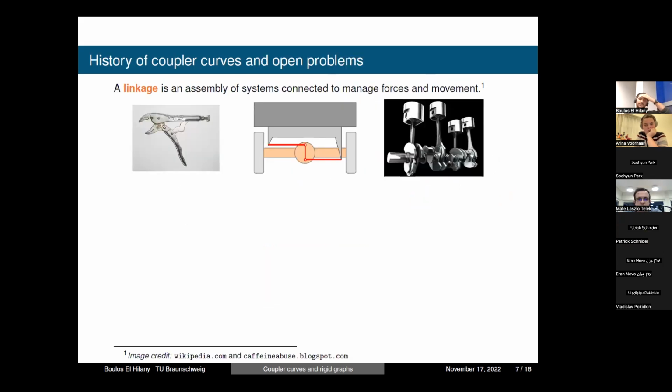Okay, so coupler curves have been interesting objects since the 1800s, even before, and this is a particular case of a linkage. A linkage is an assembly of systems connected to manage force, and if we apply a force to them, they move in a certain way, usually one-dimensional. Pliers are linkages, and this picture is supposed to be the suspension system of some cars, which some models still have.